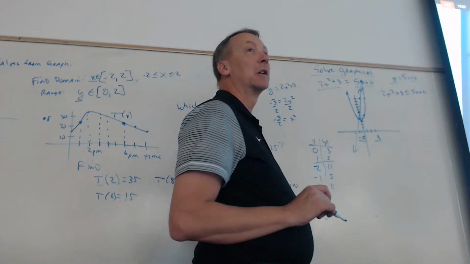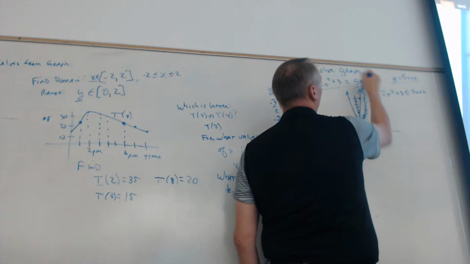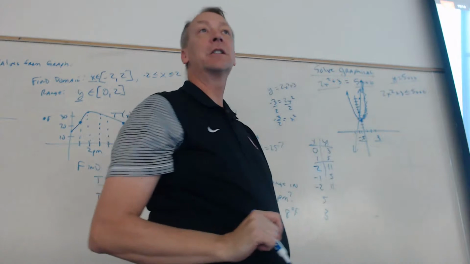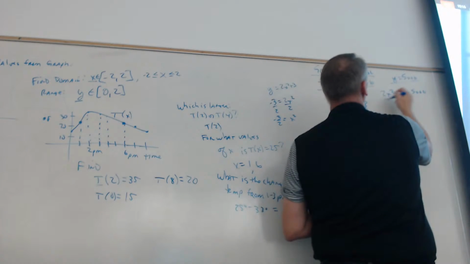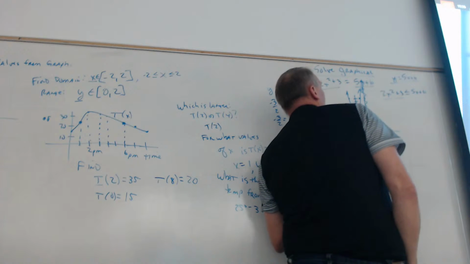Just below the parabola. So this piece here, okay? So that's what I'm interested in, if you can graph that and say, yes, the parabola is less than the line.